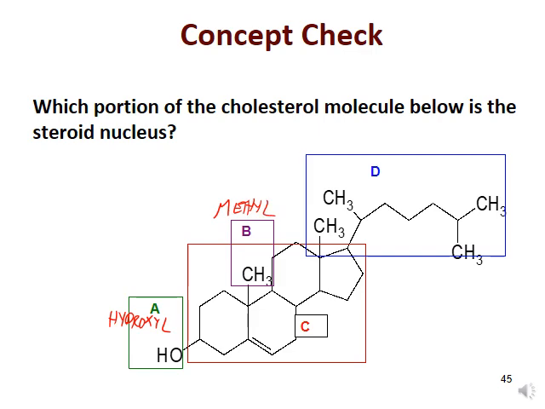C is what is known as the steroid nucleus. Right? And then what's D? Well, D is nothing more than an alkyl chain. And that, my friends, is what all assembles and puts together and makes cholesterol.